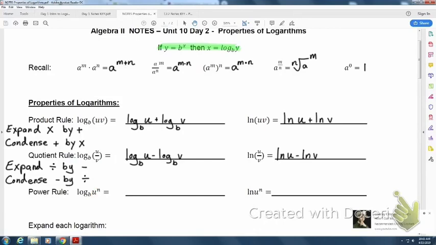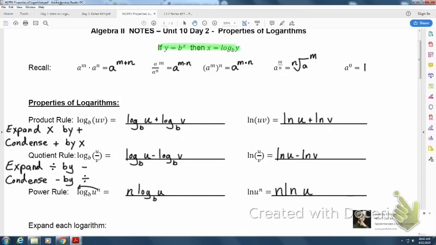What you can do with that, and this is one that's kind of an oddball, but once you get used to moving it back and forth, it's pretty simple, is I'm going to move that to the front, and I make that a coefficient. So I've got n log base b of u. Again, natural log, nothing changes. So I've got n natural log of u.